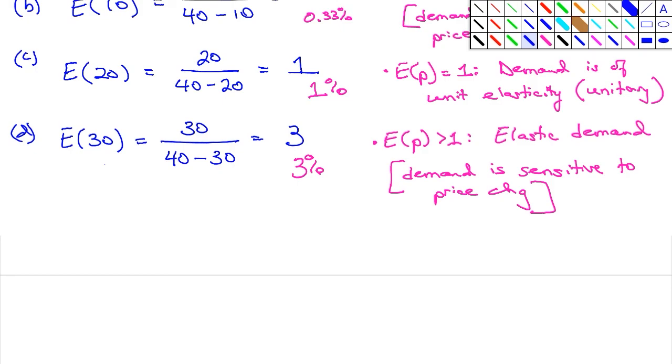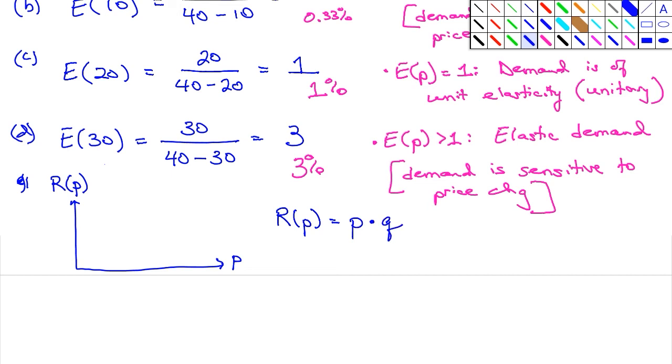Let's go ahead and graph the revenue function. Now, the revenue function is a little bit different in this case because we're going to base it off of price. So what would our revenue function be if it were based off price? Well, it would be the price of the items times the number of units sold at that price, which is Q of P or the D of P, however you want to think about it.